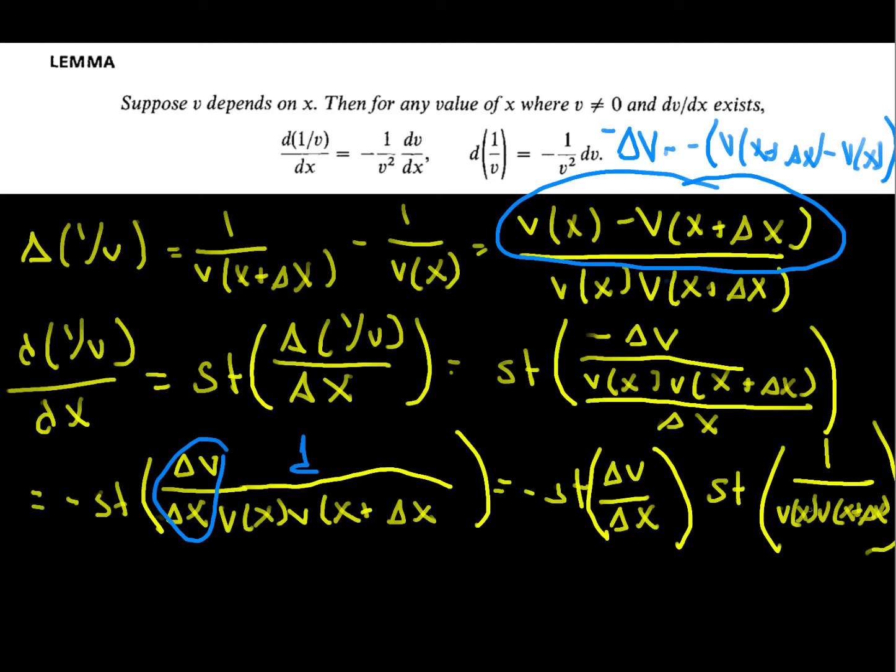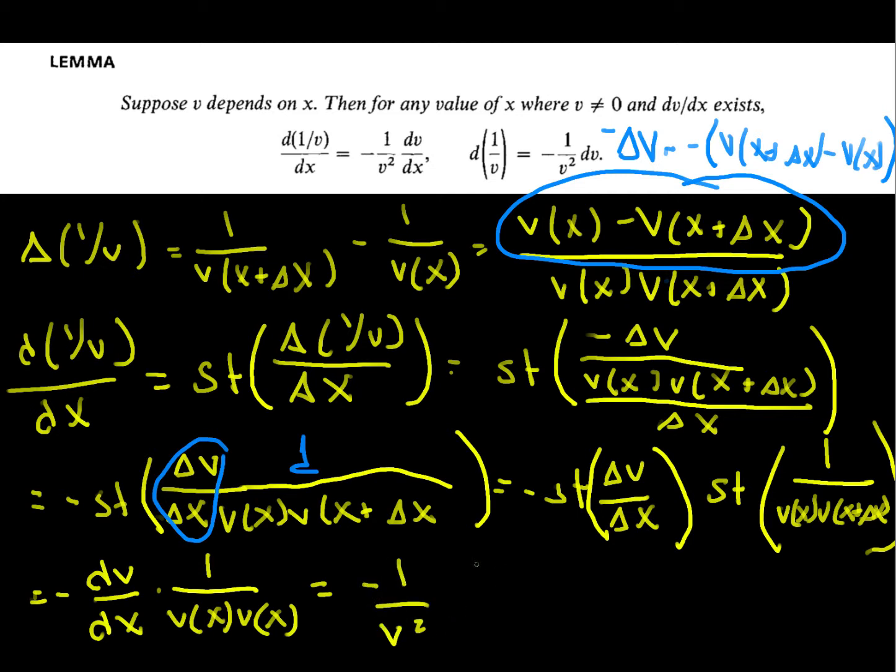And if I slide my standard part into the function here, x is real, delta x is infinitesimal, so I end up with negative the derivative of v with respect to x times 1 over v of x times v of x, which is much more natural to write this way: negative 1 over v squared dv dx.